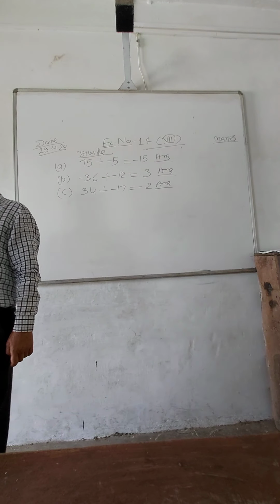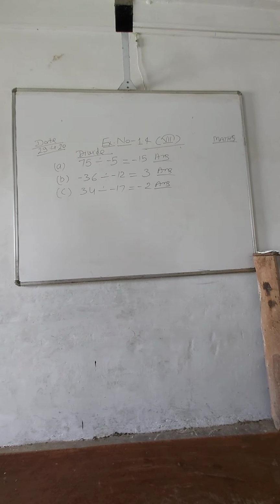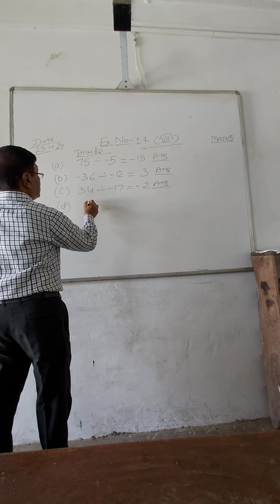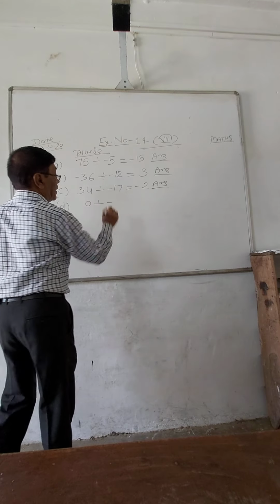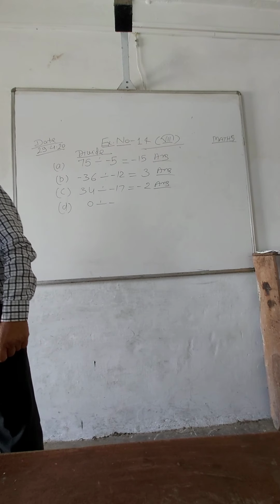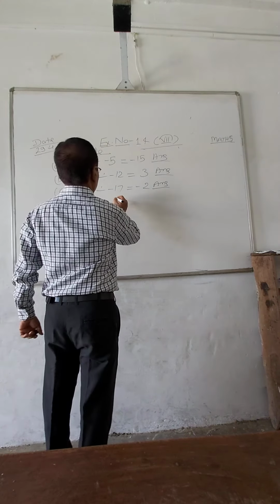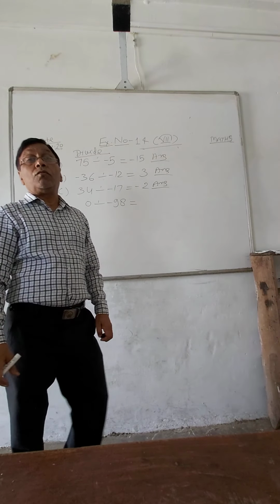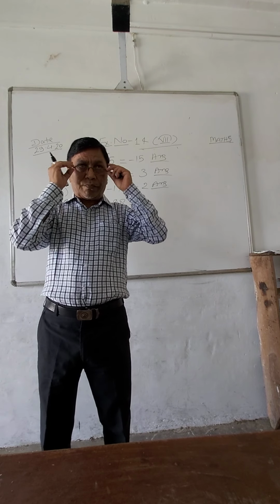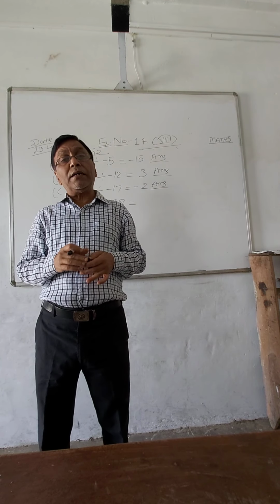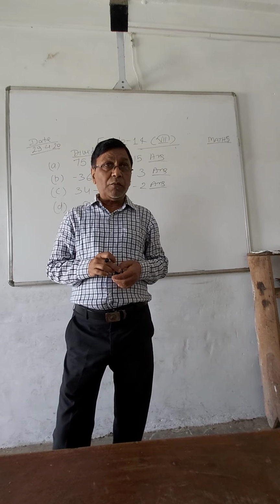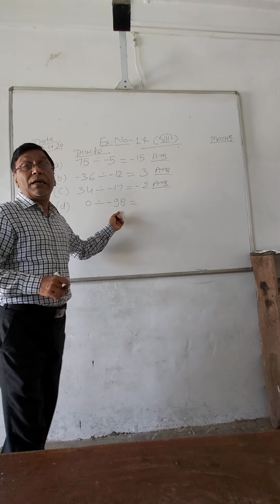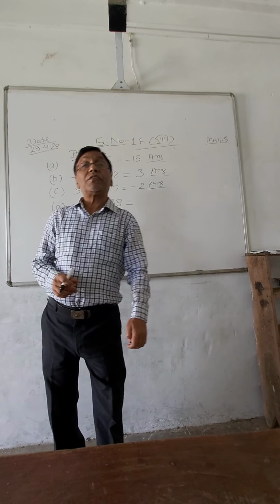Next, 0 divided by minus 98. So, one more thing: if 0 is divided by any number, it always comes 0.